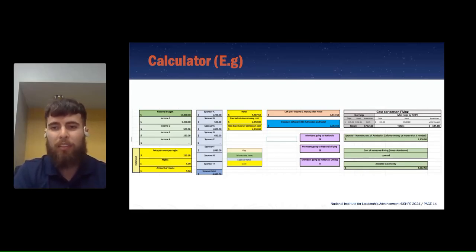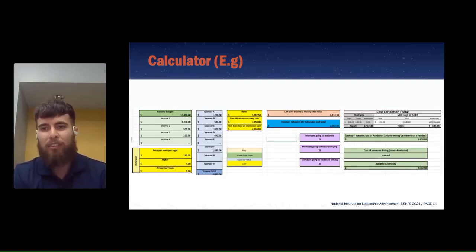Once we pay for how we prioritize exec, the leftover money goes to our general members. Once we pay for exec, then the leftover money is going to be paid for the execs' admissions, and then non-exec admissions.